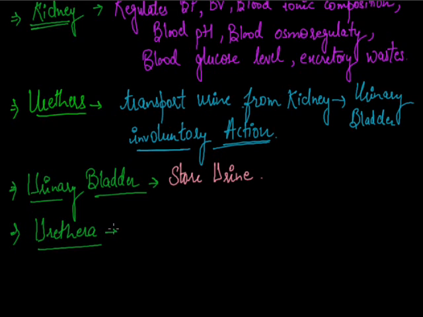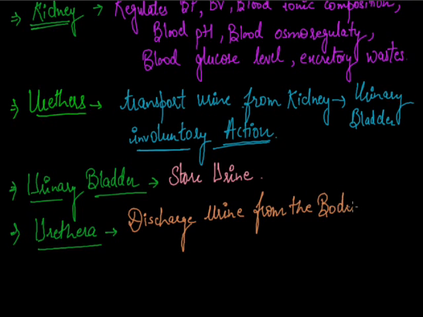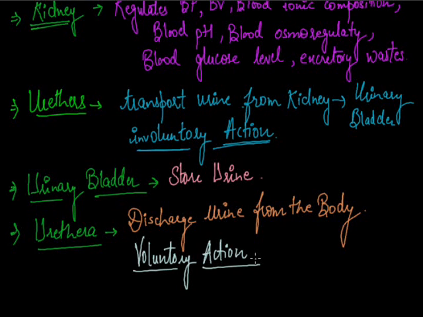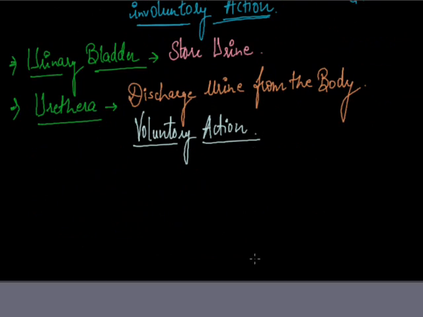The function of the urethra is to discharge urine from the body. The most important thing is that it is a voluntary action. Without the person's will, the urine cannot be passed through the urethra.